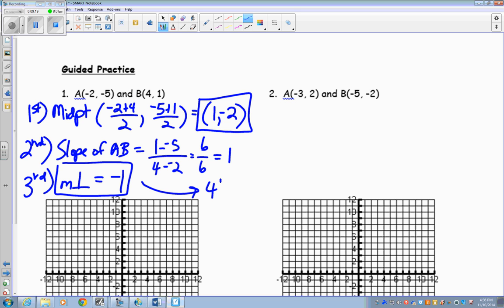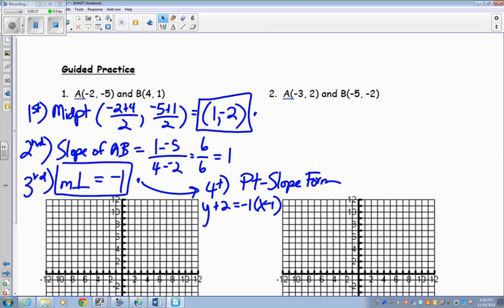So step 4, the 4th step is we're going to use point slope form. We're just going to plug it in using the midpoint and using the perpendicular slope. So this would be y plus 2 equals negative 1 parentheses x minus 1. And then if I put it in slope-intercept form, I'm going to distribute.